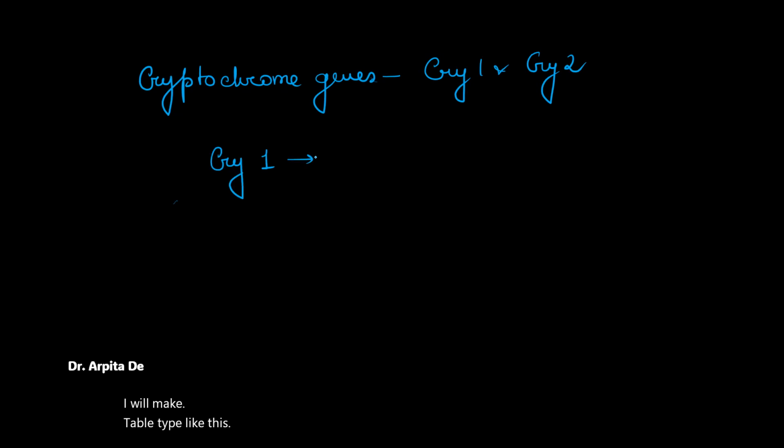Cry1 is important for your circadian clock. Cry1 is a nuclear gene and it is extremely important in this circadian rhythm part. Okay, circadian clock.